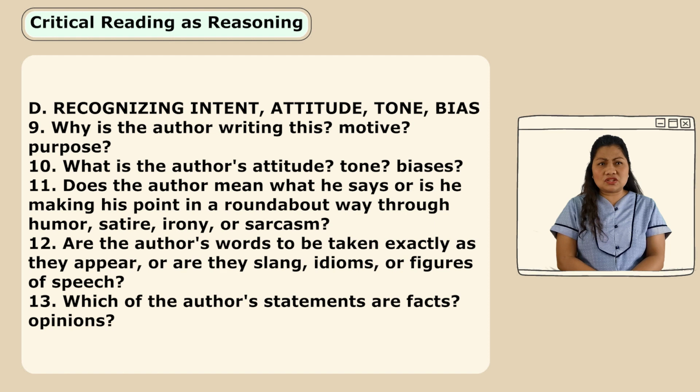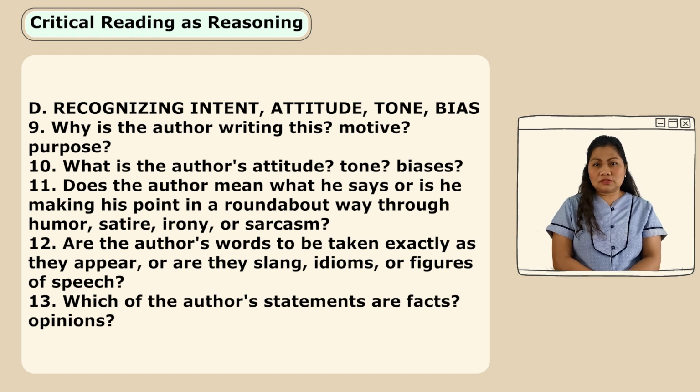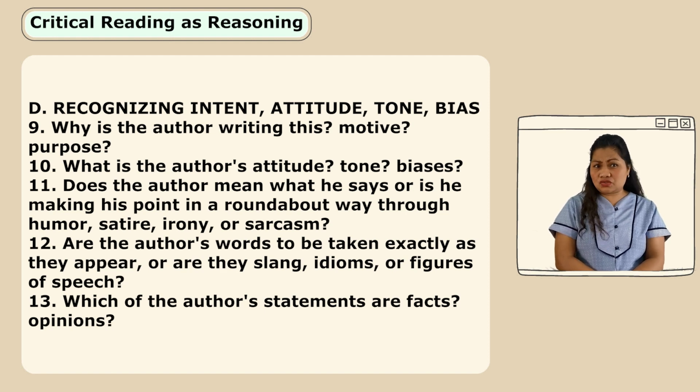Recognizing intent, attitude, tone, and bias. Why is the author writing this? What is his motive, purpose? What is the author's attitude, tone, bias? Does the author mean what he says?